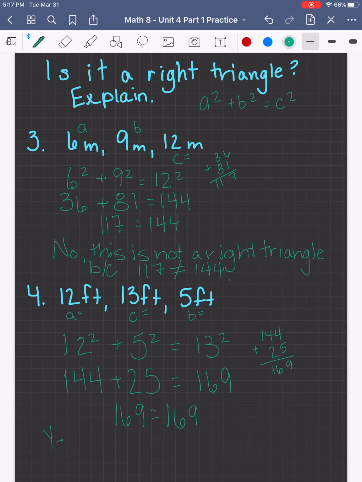So yes, this is a right triangle. Because 169 does equal 169. Again, go ahead and pause to copy down the correct answers, steps, formula, and responses before you move on.